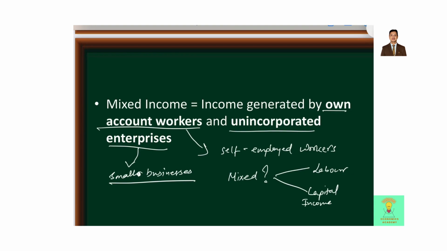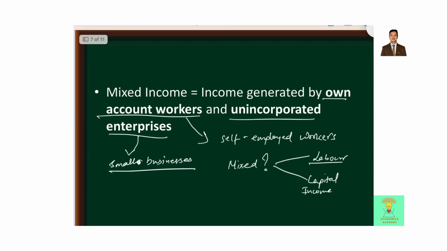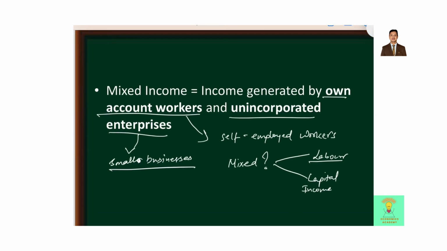Okay, so labor income would mean earnings from owners' work, like wages, plus capital income means the profit from using their own resources, like giving it for rent, interest, businesses, etc. For example, a shopkeeper earns profit by selling goods, and also works in the shop.